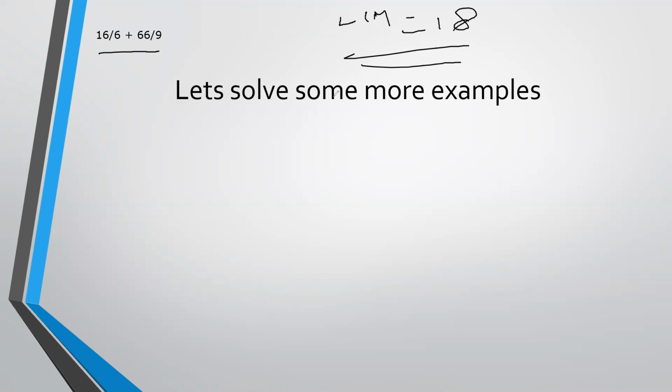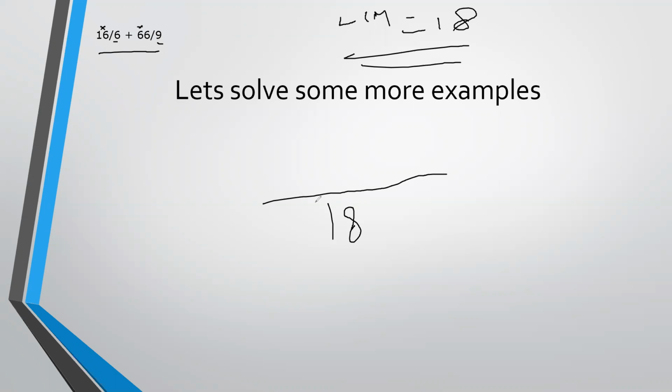So now let's do the equivalent method, or let's try the normal method, sorry, the short method. Put 18 here. Divide 18 by the denominator and multiply the quotient you get after division with the numerator.